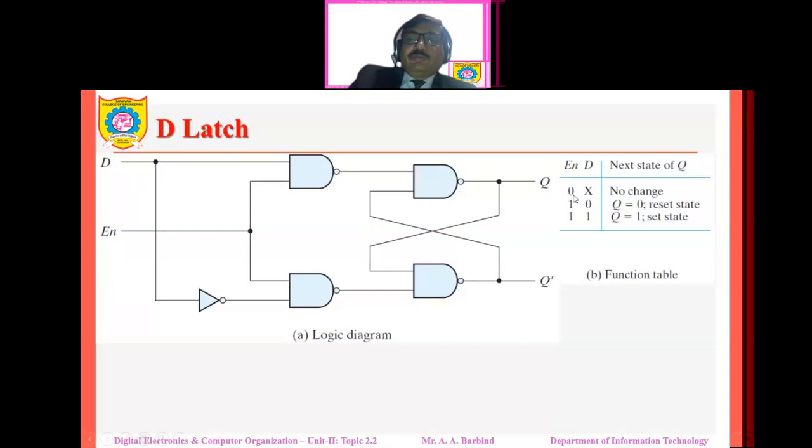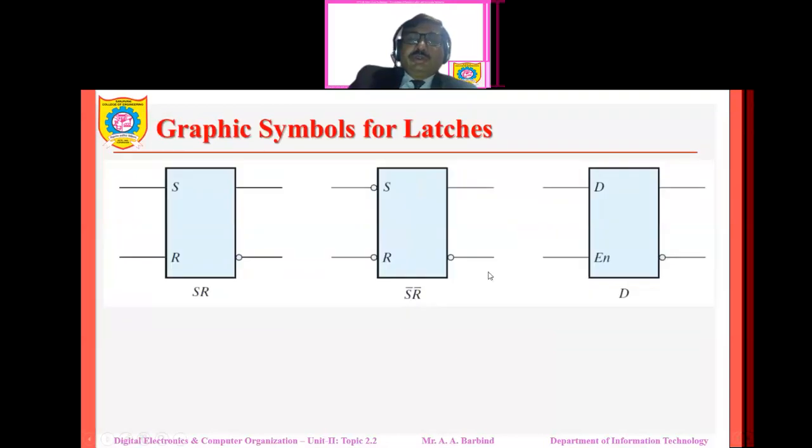Whereas if enable input is 1 and if D input is also 1, then in that case it will set the flip-flop, that is Q will be 1 and Q bar will be 0. So this is the function table for the D latch.